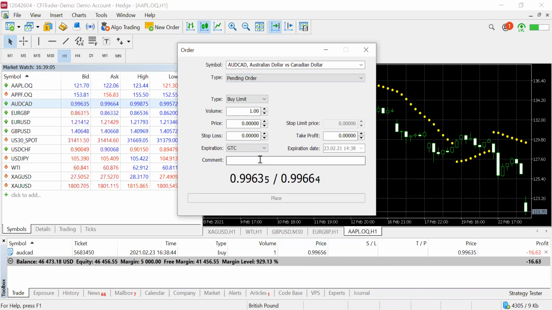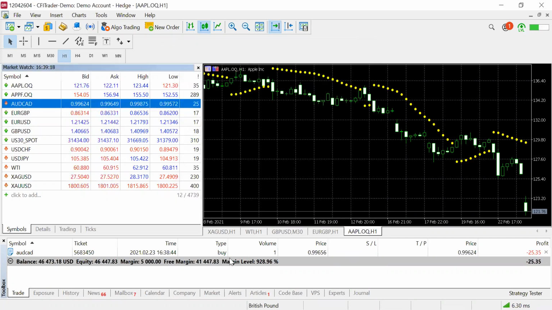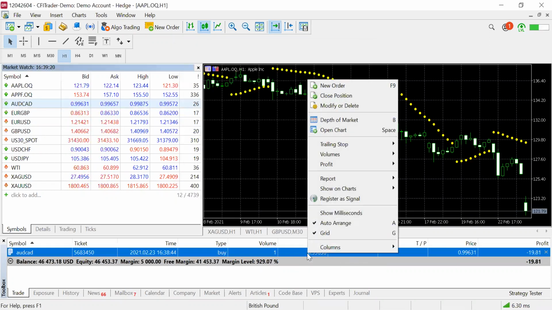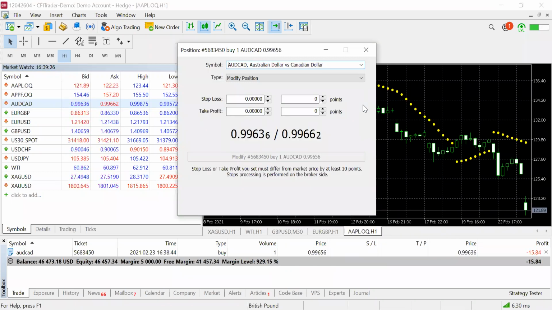With good until cancel, it will only be canceled if you cancel it. If you don't cancel that particular order price, it will stay available. If you want to cancel that particular pending order, just click, and you can either close the position, modify, or delete. You have all the options.